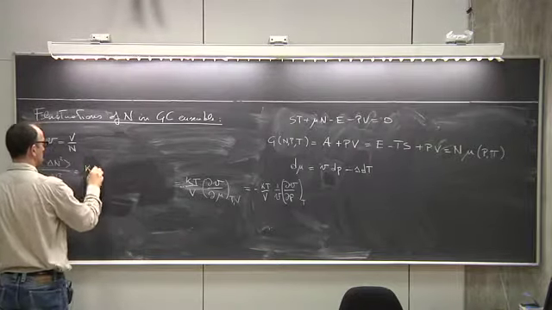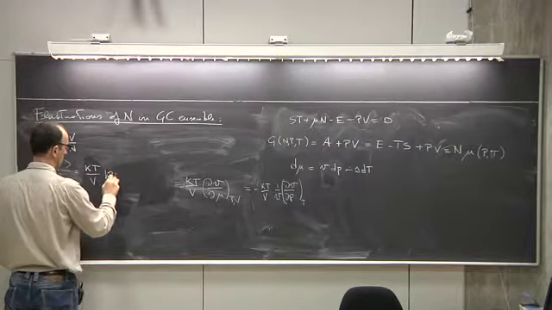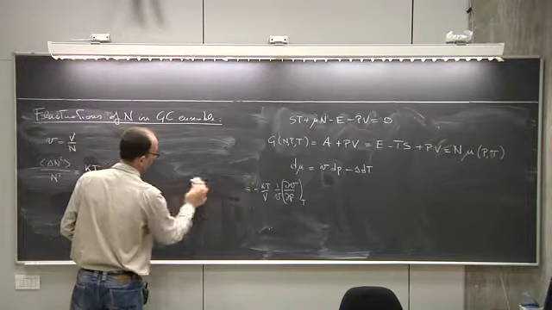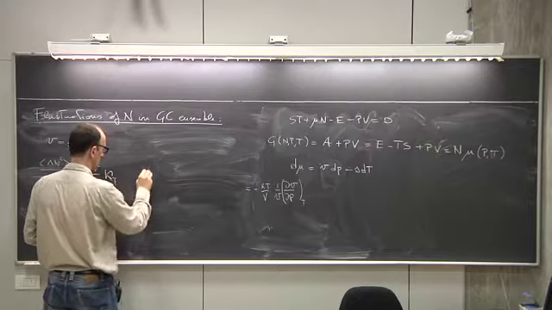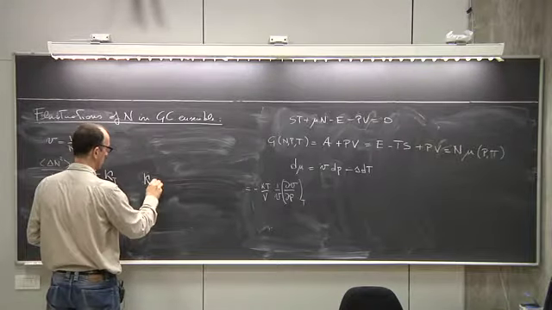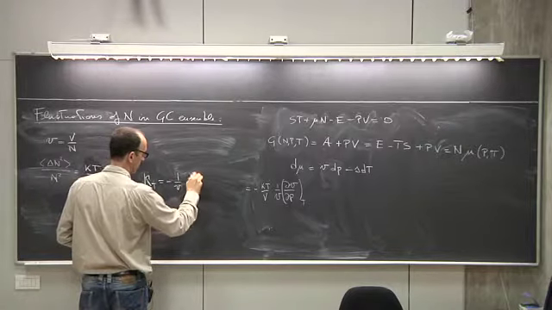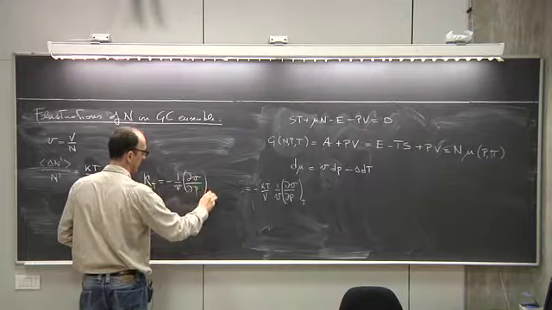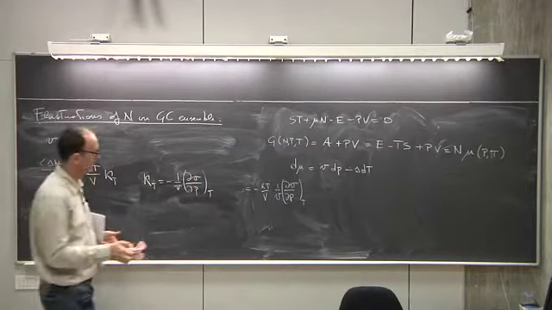So you can write this as kT divided by V times the isothermal compressibility, where the number kappa_T is minus 1 over V, the derivative of V with respect to P at constant temperature T. Okay?